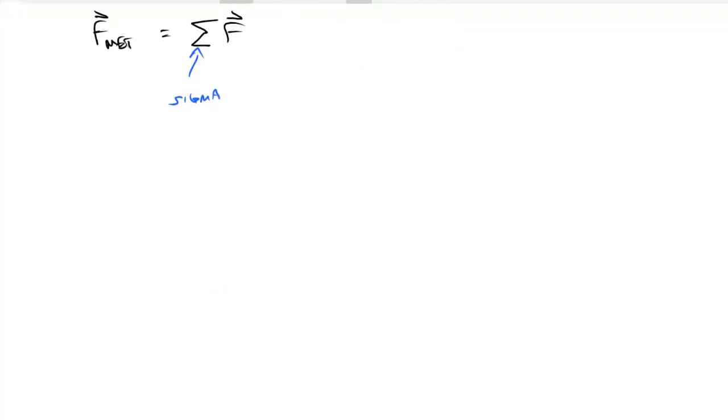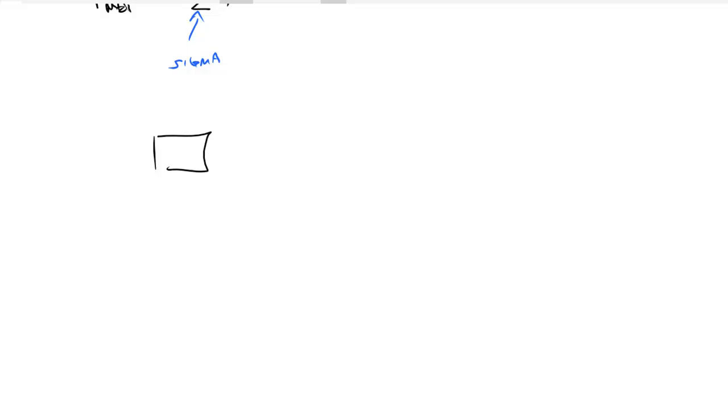A couple of little examples here. Let's say that we have a box sitting on a surface like this. Some of the forces that act on it: there's a weight acting down like this, W, and we also have a normal force acting up like this. These are opposite directions.